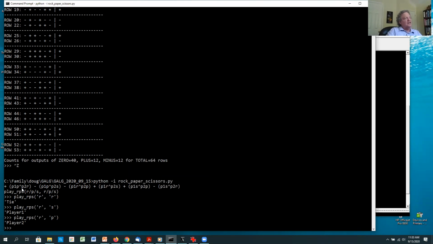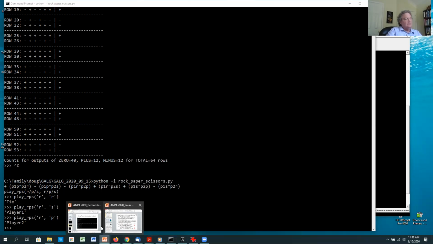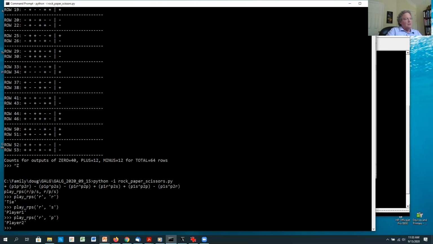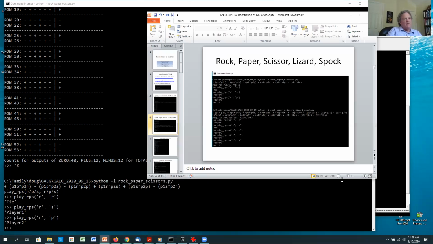This is the concurrent execution of the outer product of these bivectors, which is kind of interesting, that the rules are that simple for this particular example. This was an astounding result. Okay, so I'm going to go on to the next slide. So we can continue. That's rock, paper, scissors, lizard, Spock.